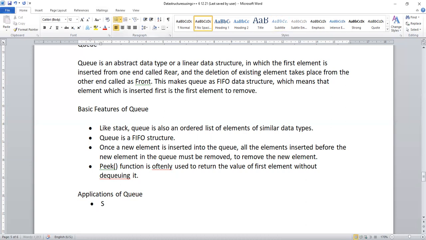First one is serving requests on a single shared resource, like a printer, CPU, task scheduling, etc.